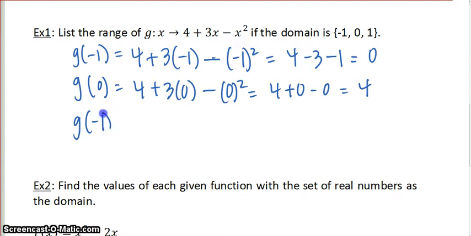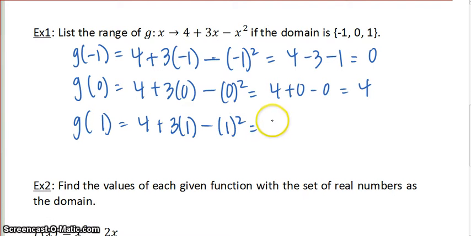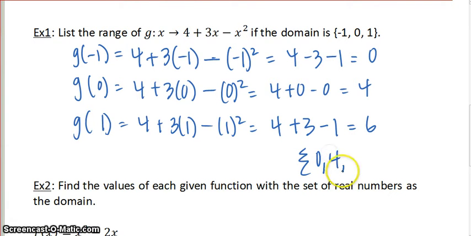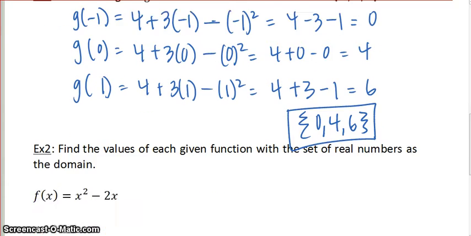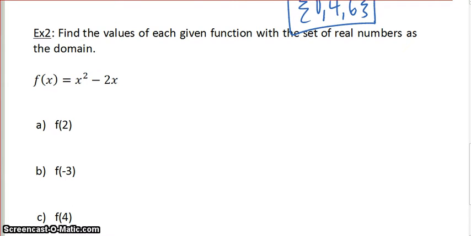And lastly, if I plug in positive 1, then it's 4 plus 3 times 1 minus 1 squared, so 4 plus 3 minus 1, which equals 6. Therefore, if my domain is -1, 0, and 1, my range is the answers we get when we plug them in. We get 0, 4, and 6. So this will be my answer, the range. It's what we put in with the x's to get out.